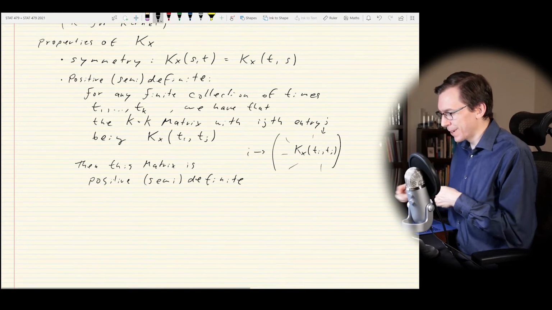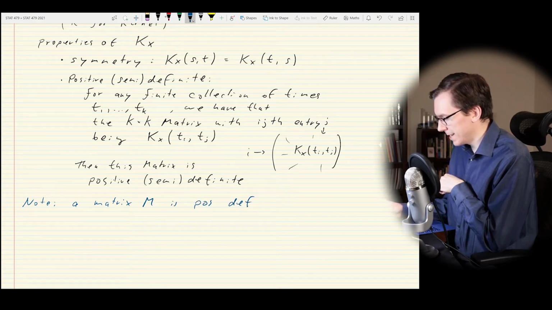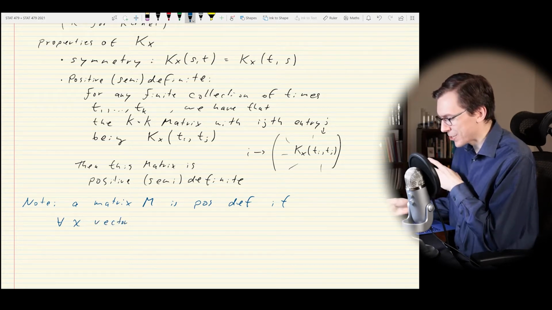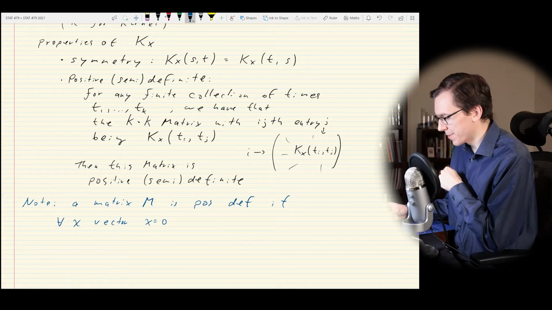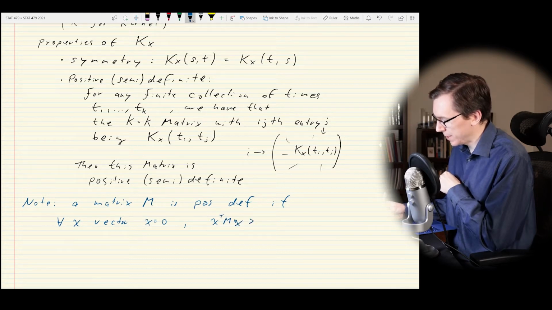Now, just to make sure we all remember, a little side note: a matrix M is positive definite if for all vectors x of the correct dimension, so that this actually makes sense, for all vectors x not equal to the all zeros vector, we have that x transpose M x is going to be greater than 0.